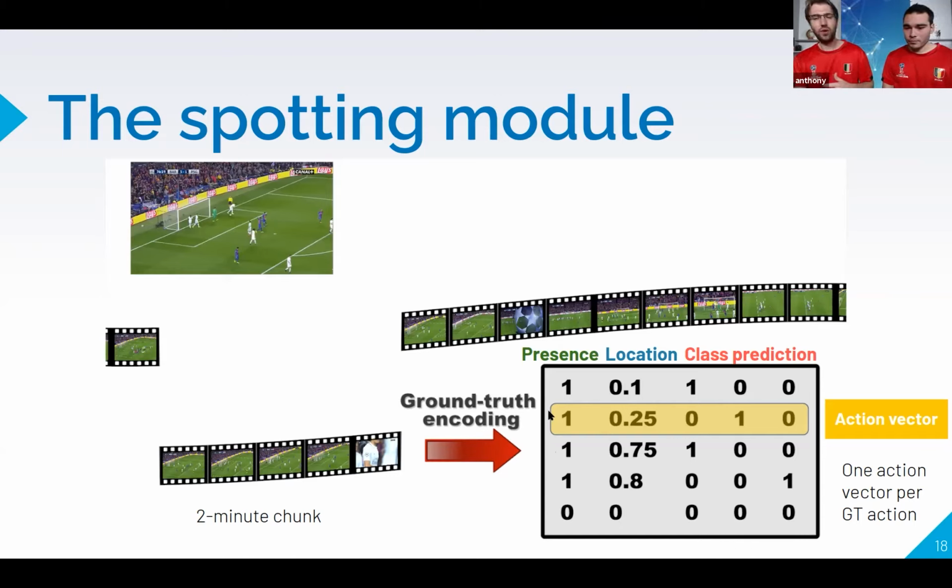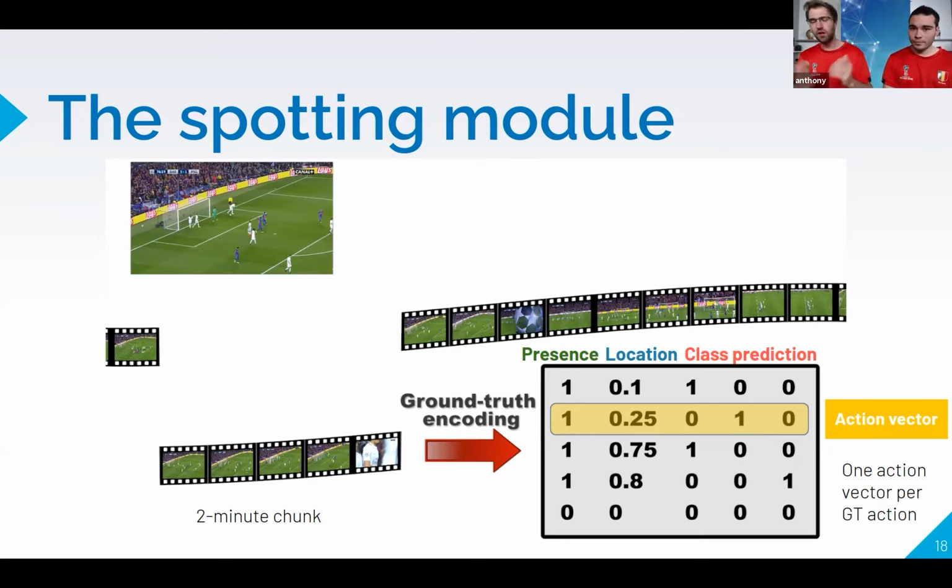And then, as we have an action which occurs at this location in the chunk, we have a class for this action. For SoccerNet-v1, there are 3 classes: goals, cards, and substitutions. So, for example, we have a card here. We encode 1 for the cards and 0 for the goals and substitutions. That's just a one-hot encoding of a class.